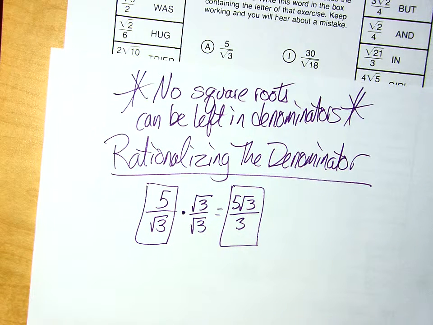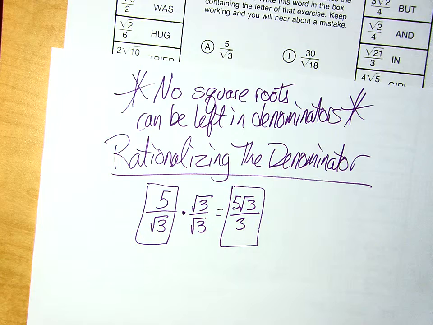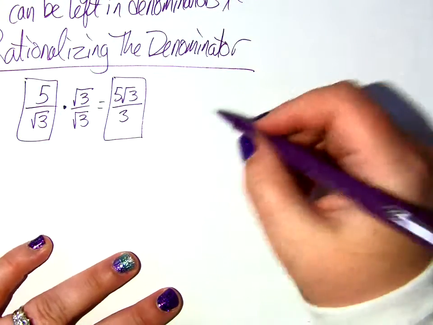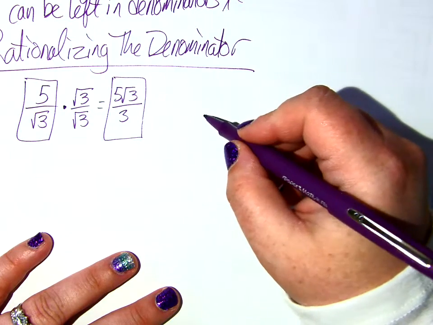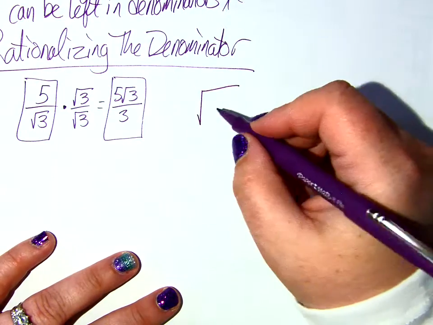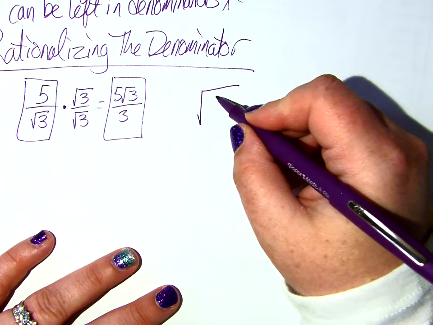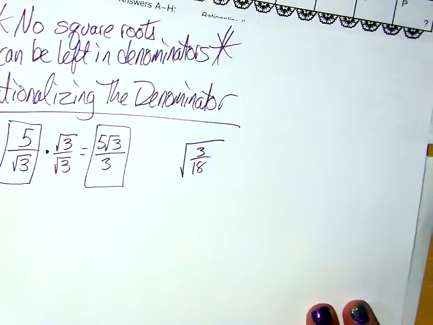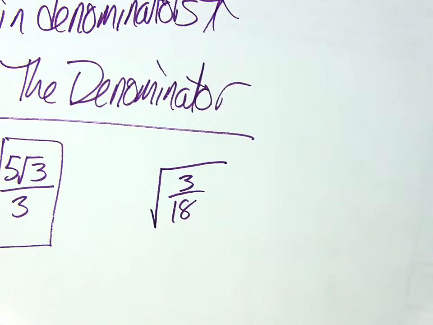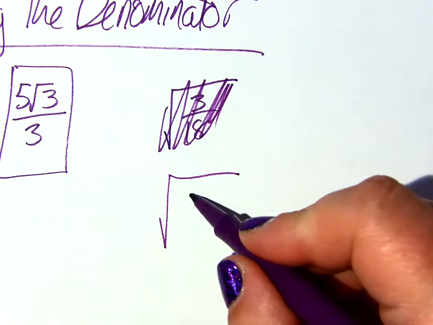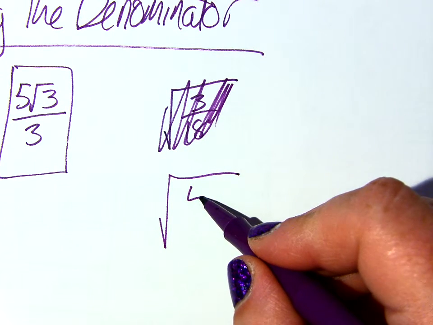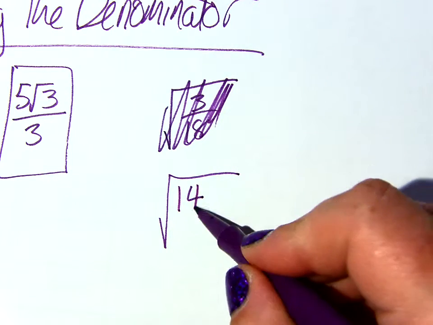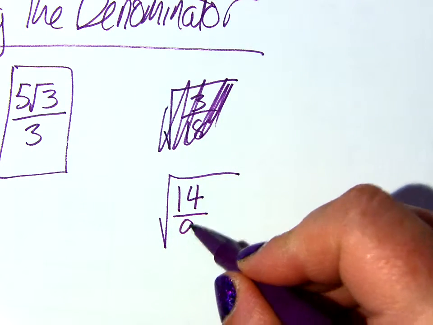Now, one other thing that you can do to make your life a little bit easier. Let's say I want to take a square root of an entire fraction. Say I want to take the square root of 14 over 9.